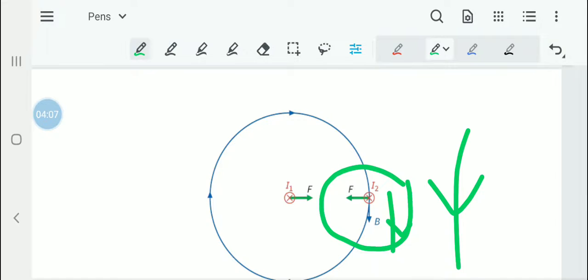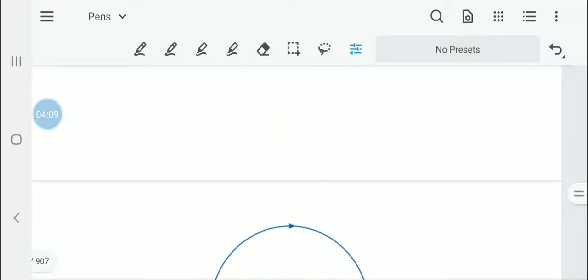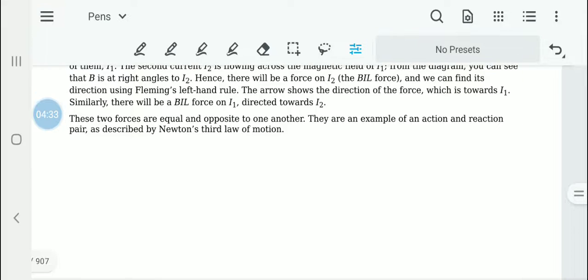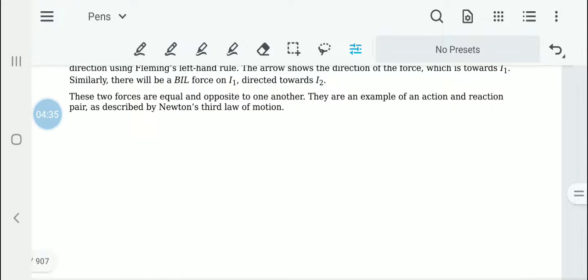So when it is at right angle, we can use that equation, the BIL force. So using the left hand rule, we can find its direction. Then that will be towards I1. Then if we use the same principle on I1, the force would be in towards I2.